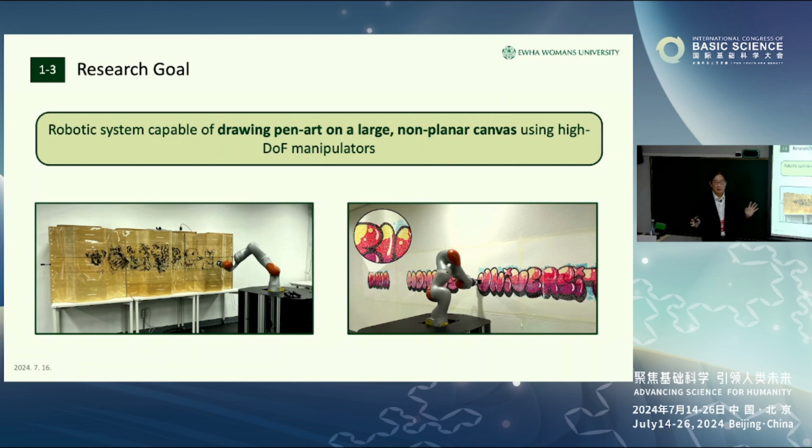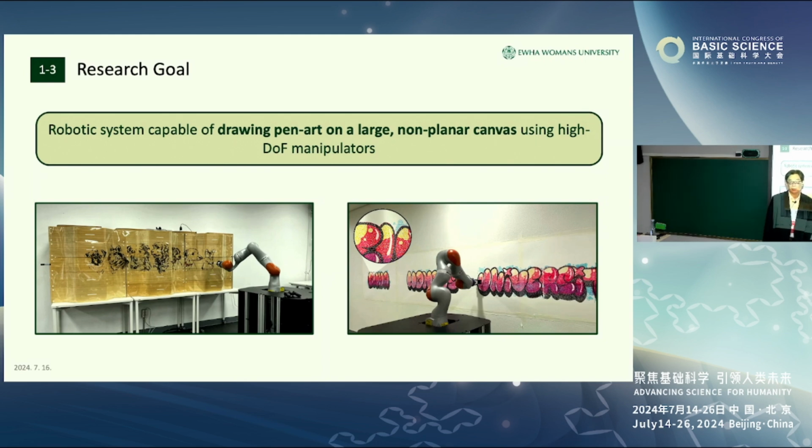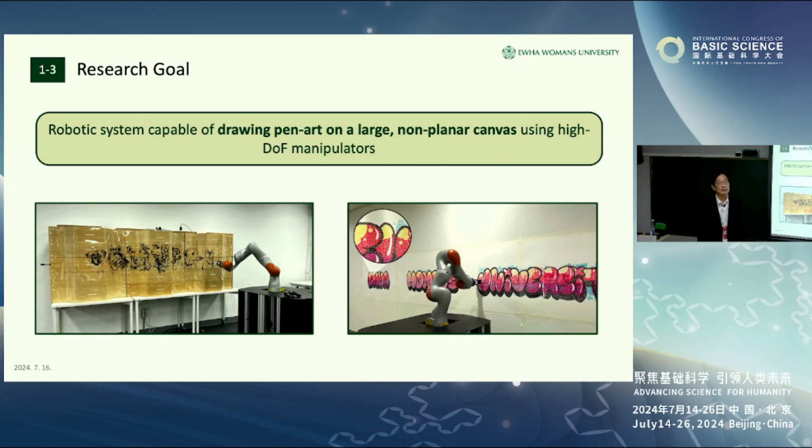Some manipulators are equipped with dual arms. Some have a mobile platform attached at the base, so they can freely move around to cover a really large space. That's the problem that we want to tackle, and that's something I wanted to discuss.